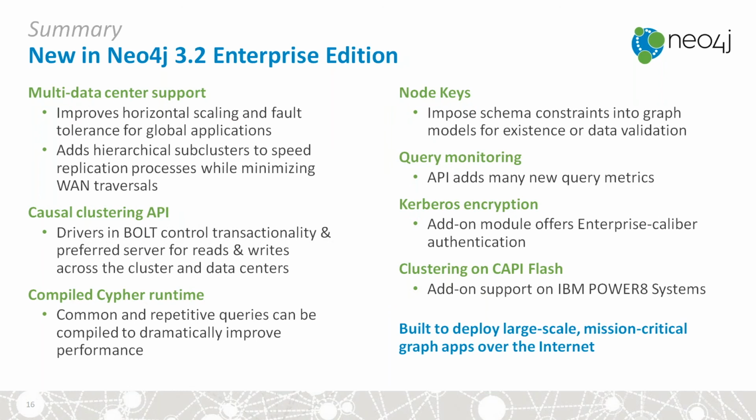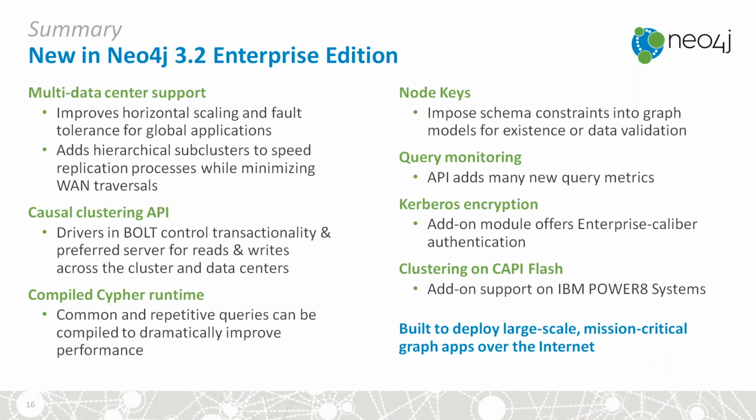Building on top of that, the Enterprise Edition adds the multi-data center support and the Causal Clustering API. We're not only controlling that transactionality and those routing instructions, but we're exposing an API here within the Bolt drivers, so you can both examine that and programmatically inform what those instructions are supposed to be doing.